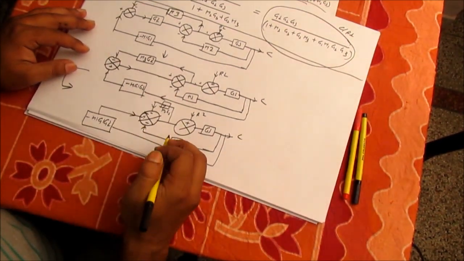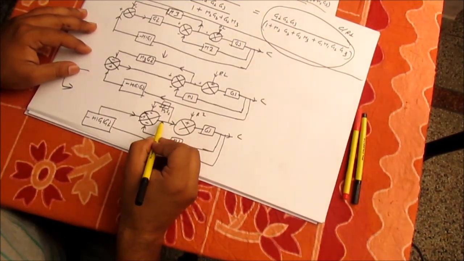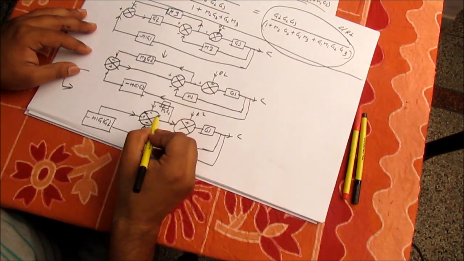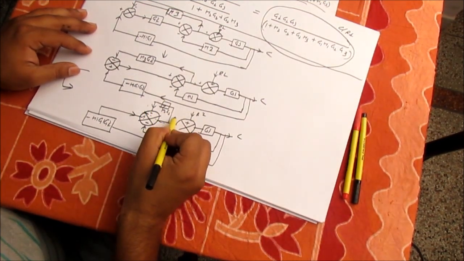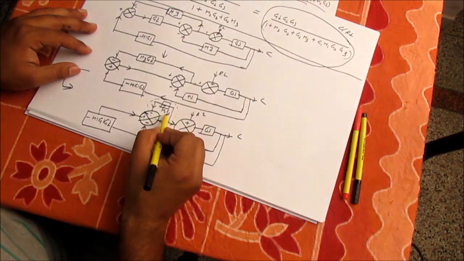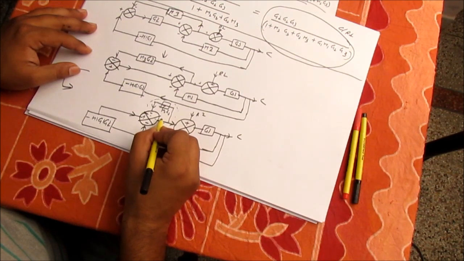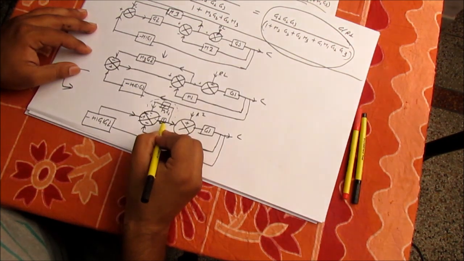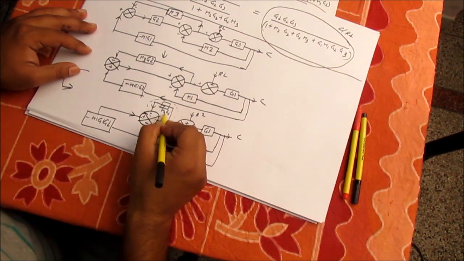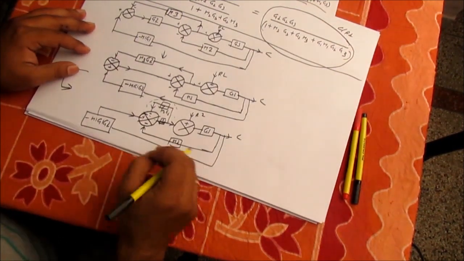Now, as you can see here, we have a feedback loop. If you consider this, we have here S3 G2 as feedback, and here the multiplying factor is 1, the gain block is 1. So we can replace this with a single block diagram.